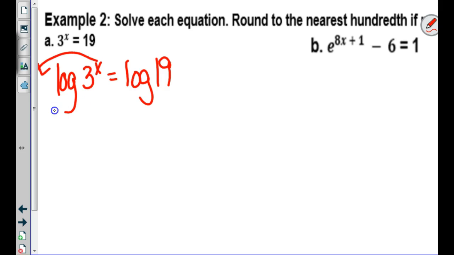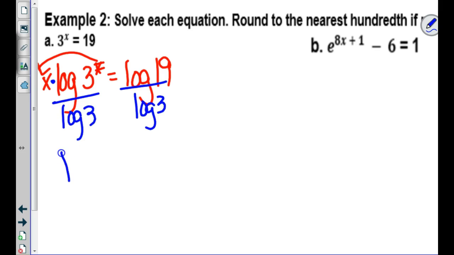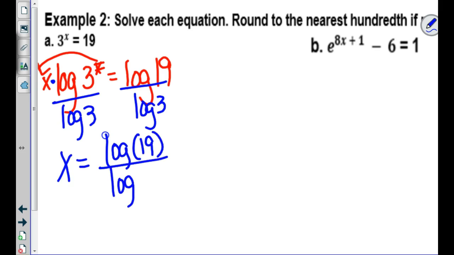Okay, good job. The x moves out front. And then I'm trying to get x by itself. So what do I need to do with this log of 3? Divide. So an exact answer would say the log of 19 divided by the log of 3.